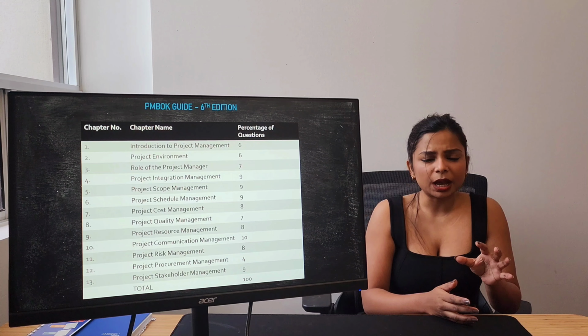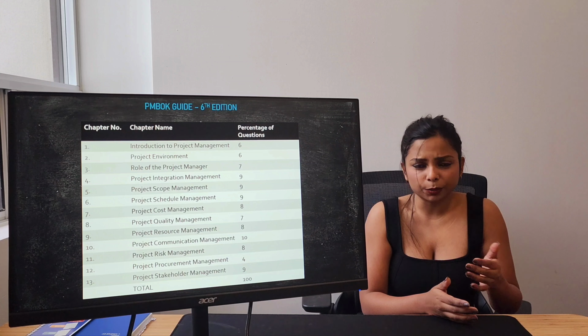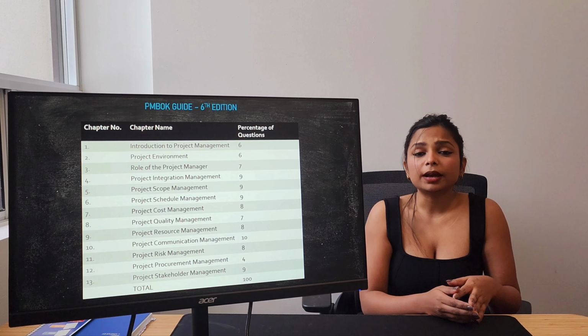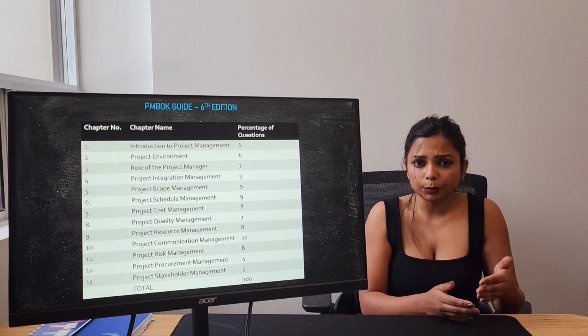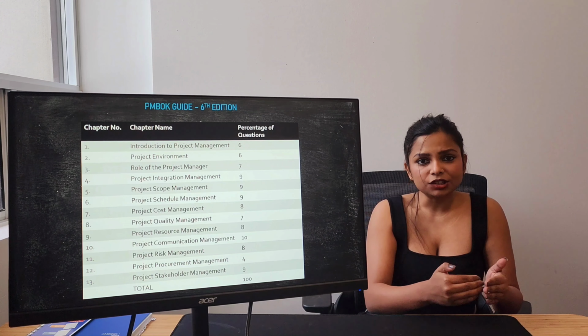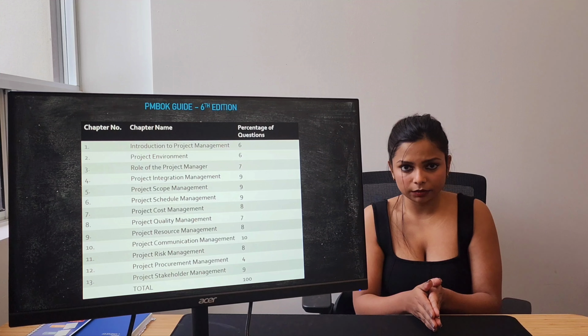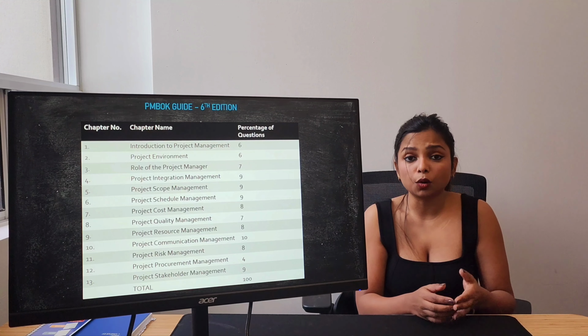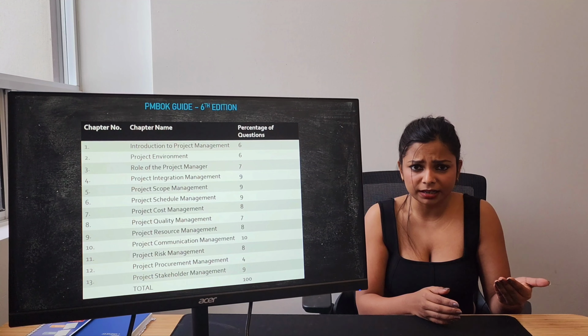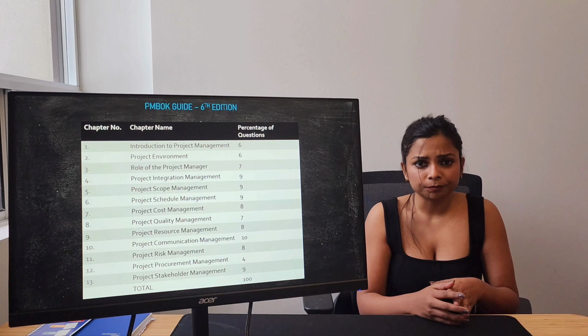The starting 3 chapters were kind of an introduction to the project management environment and the roles of the project manager. And the rest of the 10 chapters were our 10 knowledge areas, like integration management, scope management, schedule management, cost management, etc.